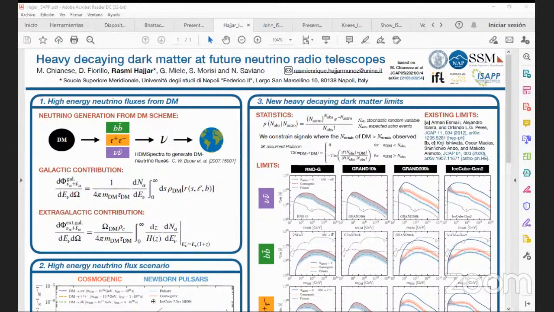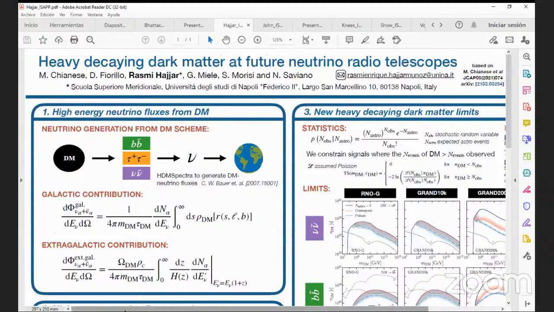From these decay products, we will obtain neutrinos that will travel and reach the Earth, and these are the particles that we will measure on the future neutrino radio telescopes. First, we will use the HDM spectra code in order to produce the neutrino spectra coming from dark matter. Then we will generate two different contributions, the galactic and extragalactic ones, that we can see on this first panel.